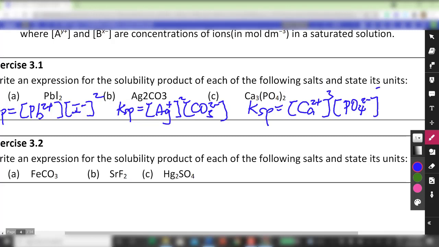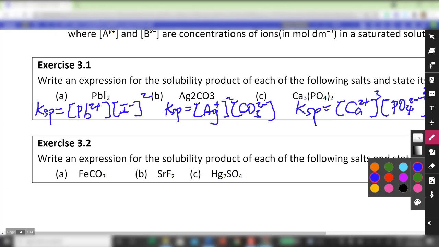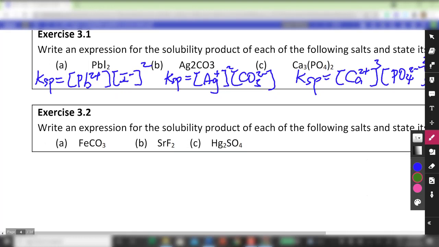So for phosphate, the concentration will be raised to the power of 2. Now when we write the units, in this case the units will be concentration to the power of 3 multiplied by concentration to the power of 2. So that would be mole to the power of 5, dm to the power minus 15. Or in short, just moles per dm cube raised to the power of 5, if that's easier for you.